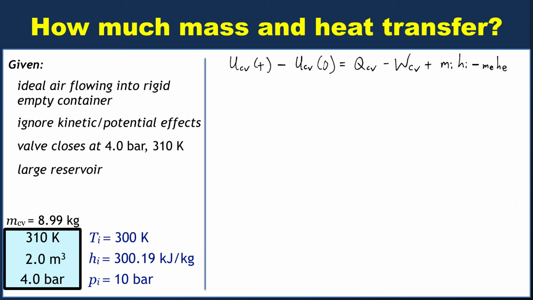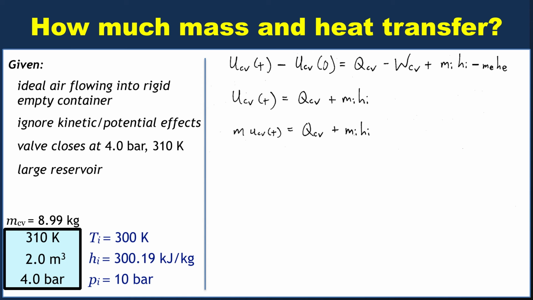All right. So now let's simplify our conservation of energy. U_CV equals Q_CV plus m_i h_i. Ultimately, we want to solve for the heat transfer, but we don't actually know the total internal energy, so maybe we should write this in terms of the mass times the specific internal energy on the left side. Okay, we'll do that. Now the nice thing is, you can use exactly the same ideal gas table to look up the value of little u.